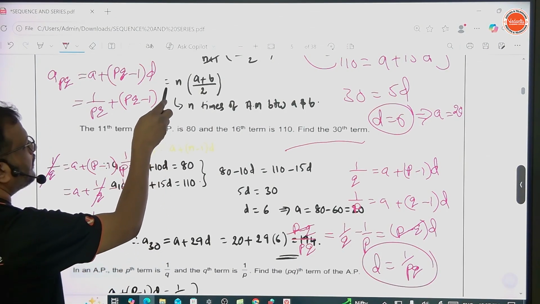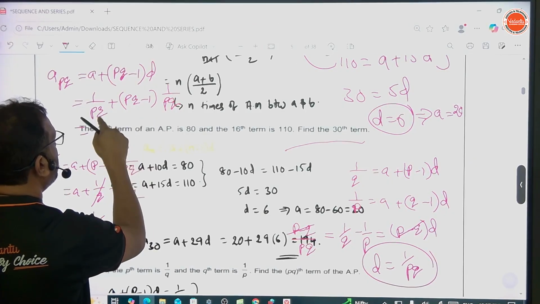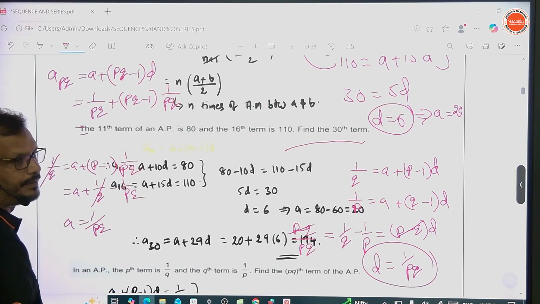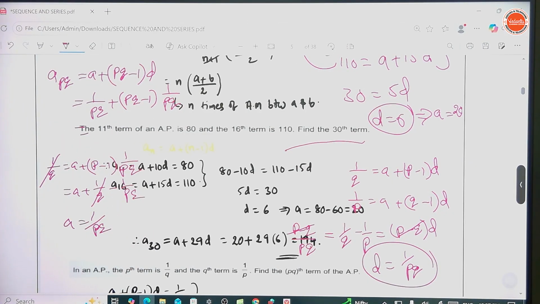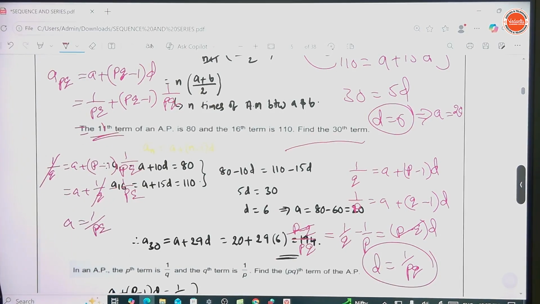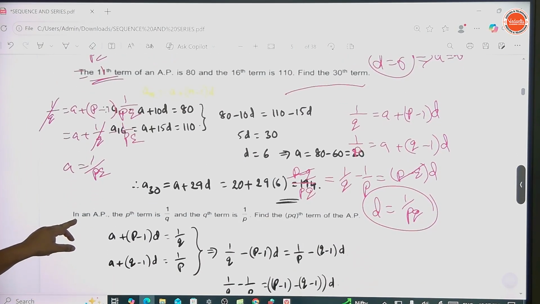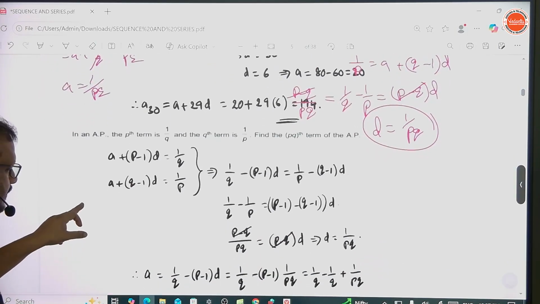Again 1 by PQ. So if you simplify, take 1 by PQ common: PQ minus 1 plus 1, so PQ by PQ, it will be 1. Clear? So different models next onwards.